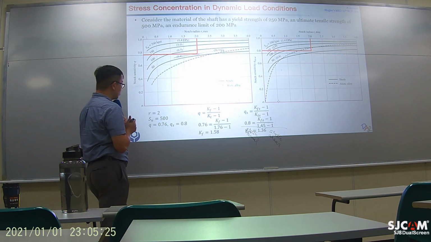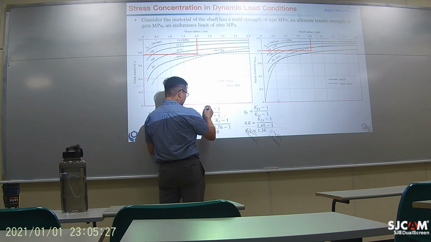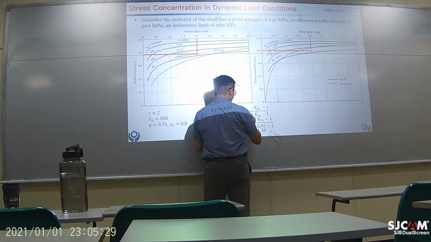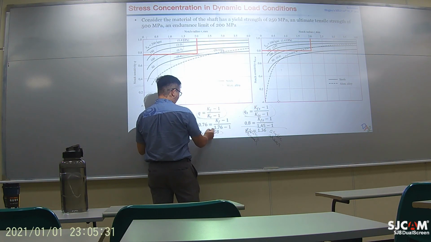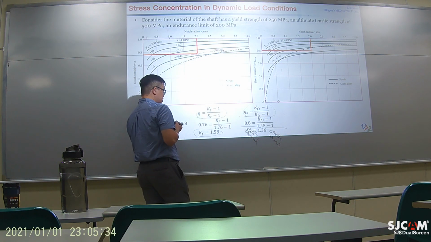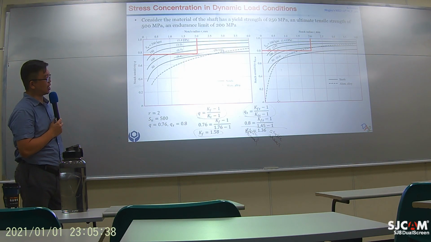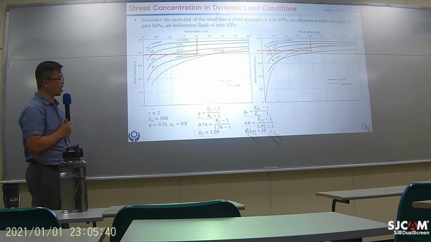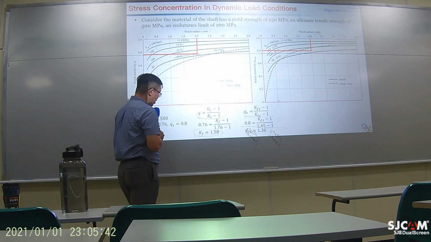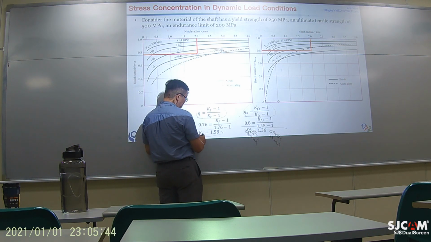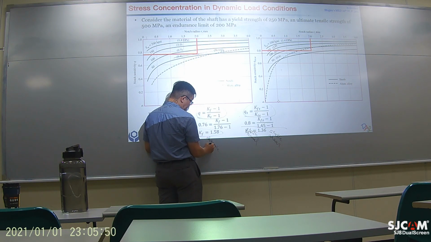And you will be using these two equations to get KF and KFS. Just plug in KT and KTS. So you will have KF and KFS. KF would be the stress concentration factor for dynamic load and normal stress.